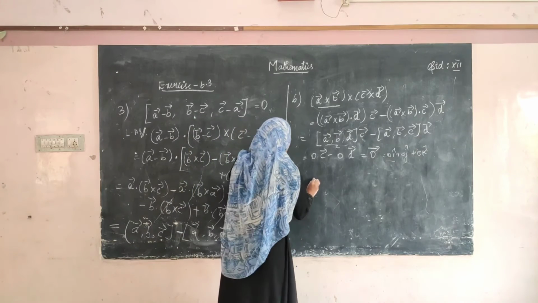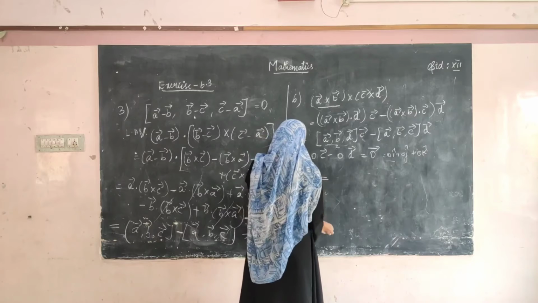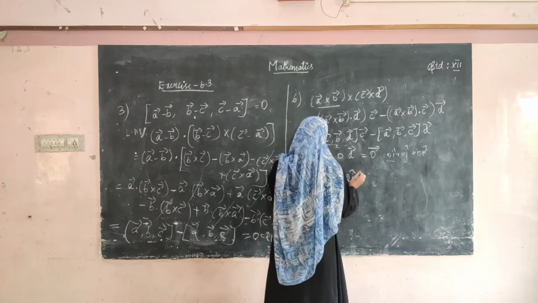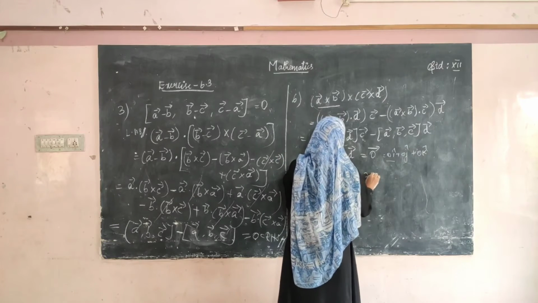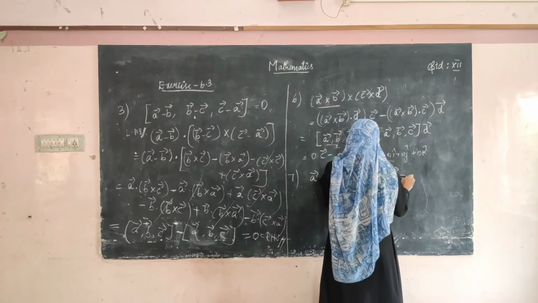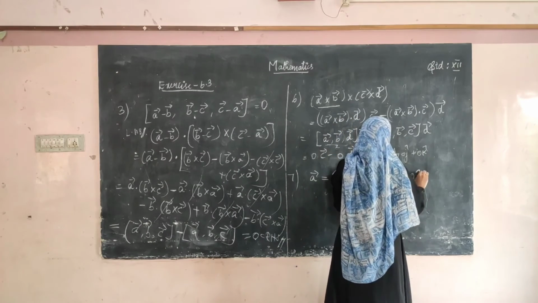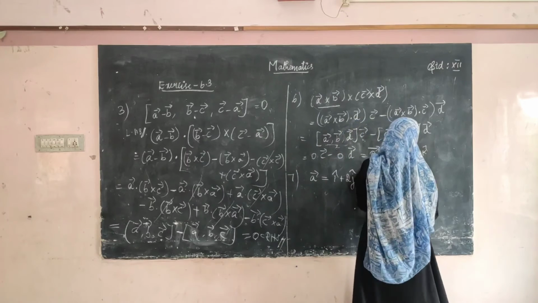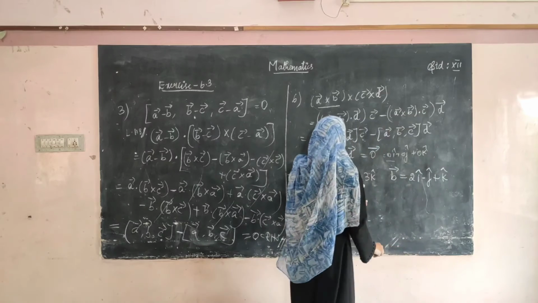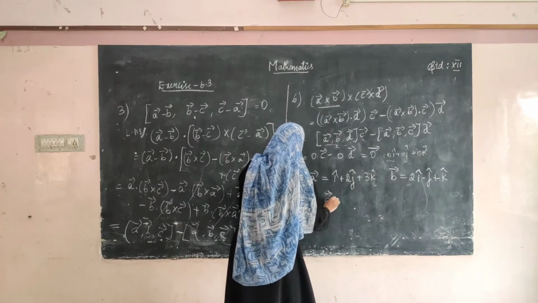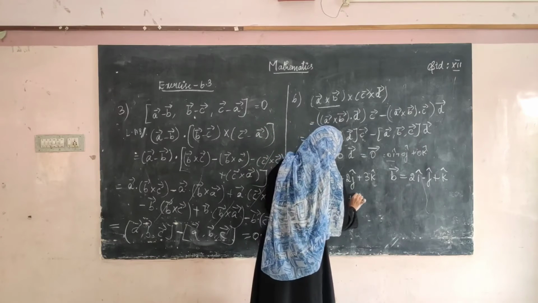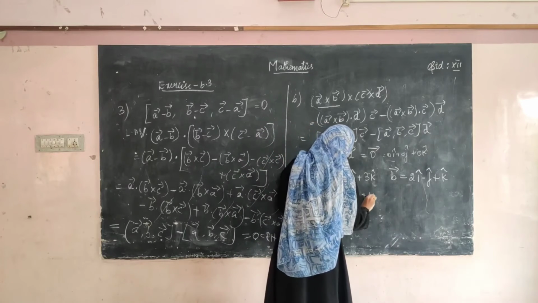Okay, so what are the vectors they have given? A vector is equal to i cap plus 2j cap plus 3k cap, b vector is equal to 2i cap minus j cap plus k cap, and c vector is equal to i cap plus j cap plus k cap.